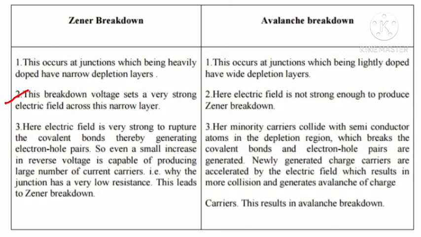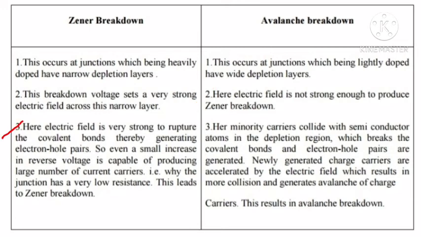Second point, Zener breakdown sets up a very strong electric field across the narrow depletion layer, whereas the electric field is not strong enough to produce Zener breakdown in the case of avalanche breakdown.